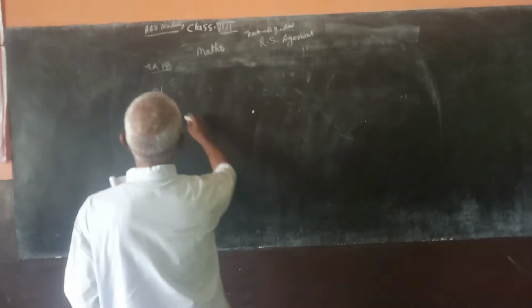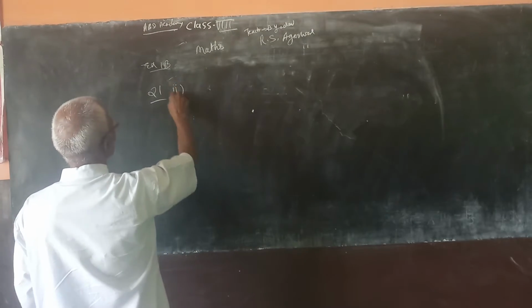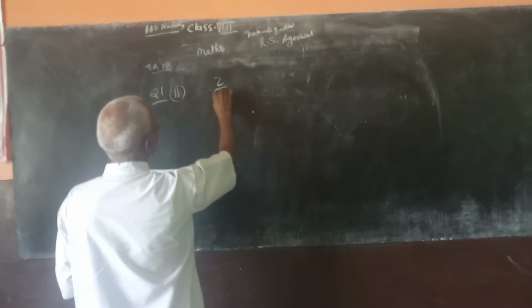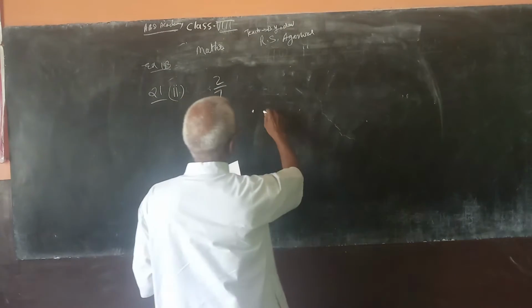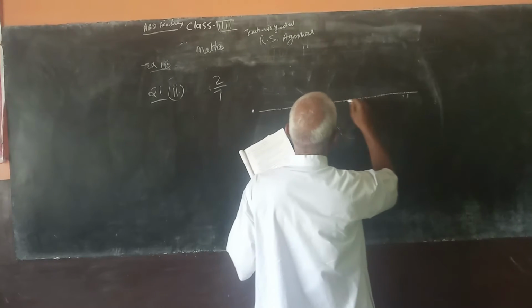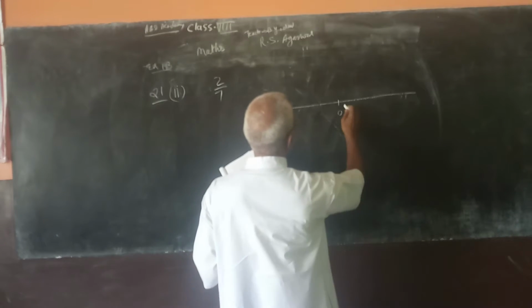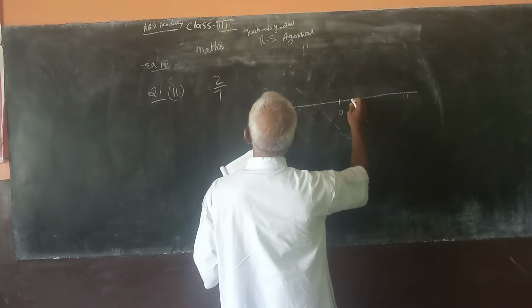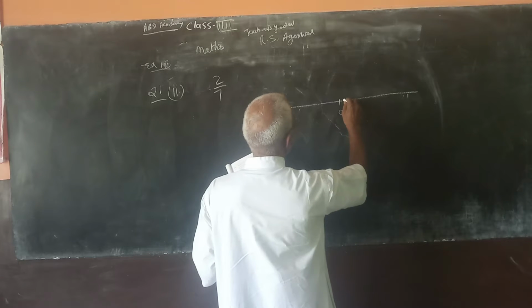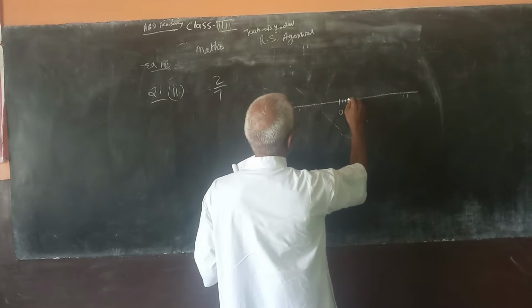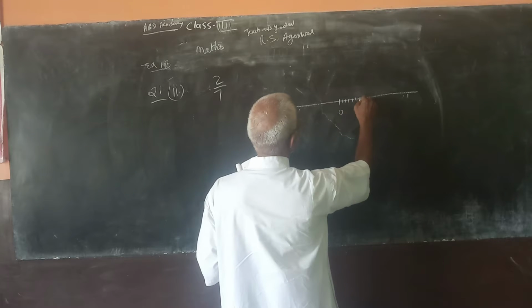Its second part I am doing here: 2 by 7. Draw a number line. Write 0 here in the middle. On the right hand side, write 1, 2, 3, 4, 5, 6, 7.